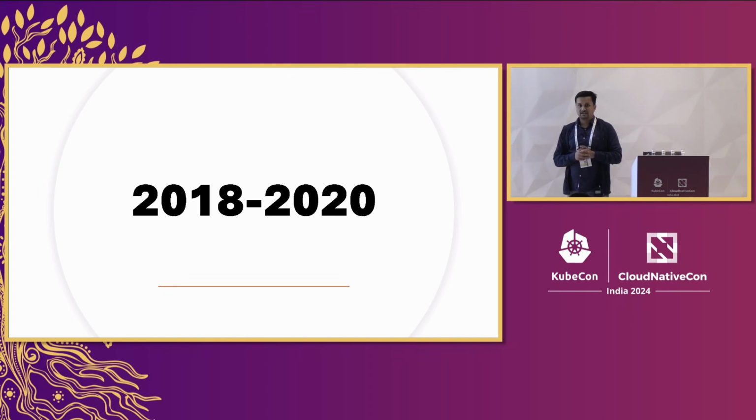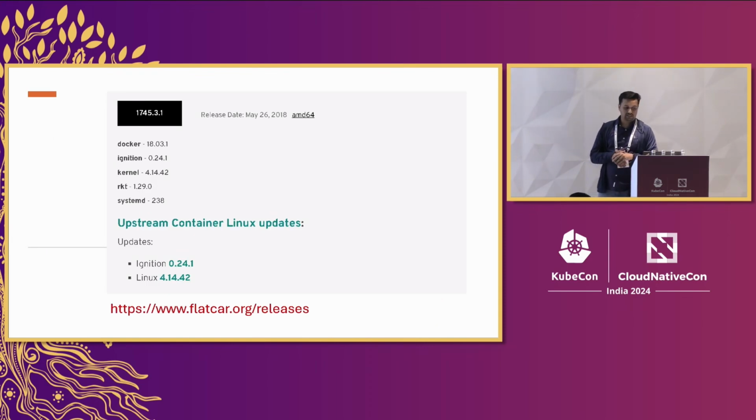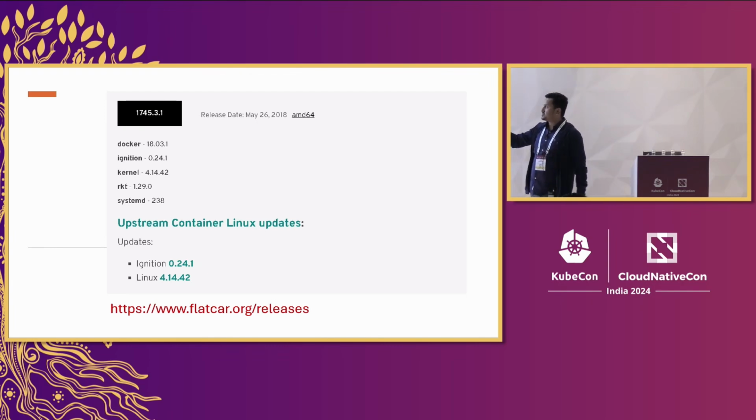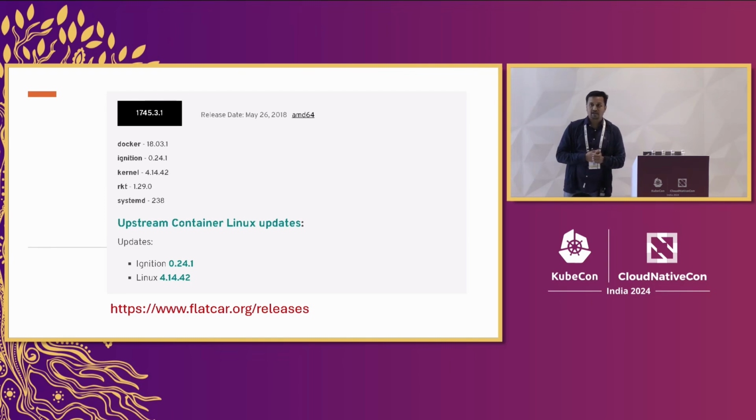And the Flatcar people ingested all the changes in and kept on releasing as it went forward. If you see our release logs from 2018, you would notice that they used to mention upstream Container Linux updates. So what you used to do is pull those changes in and run those through the CI and try to get that out.